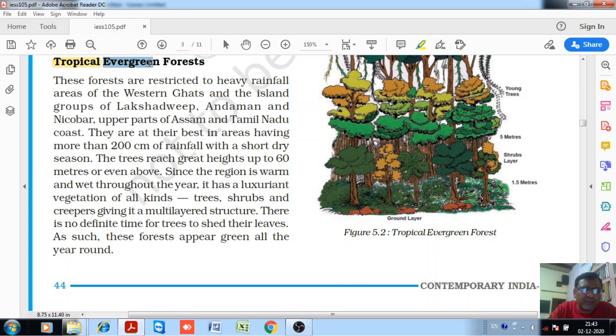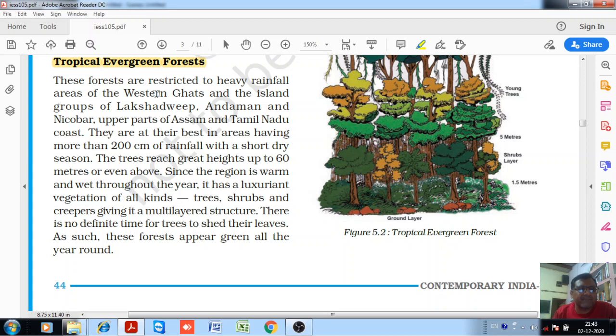Evergreen means which remains green throughout the year. Forests means the natural vegetation cover with high density.